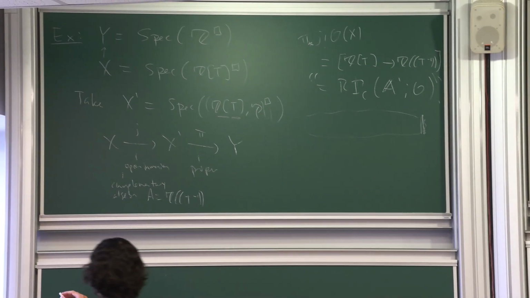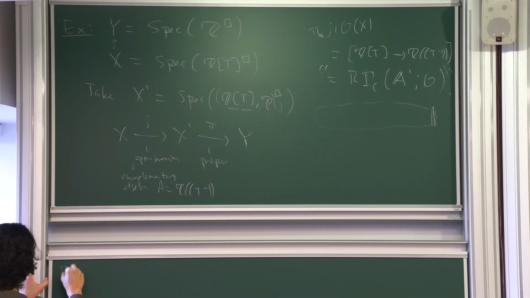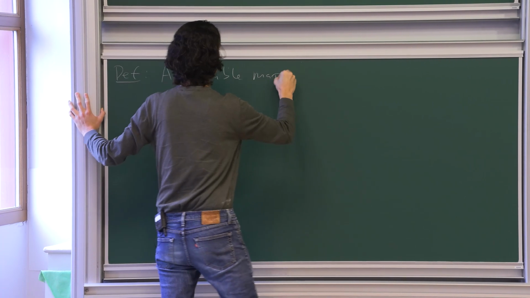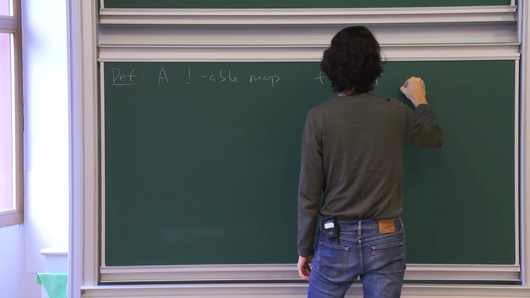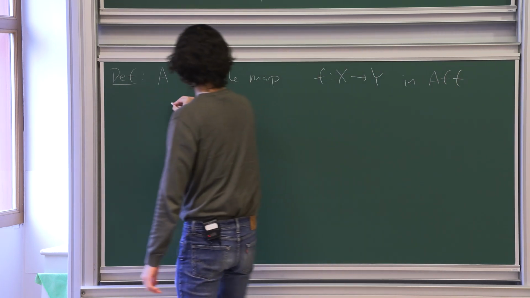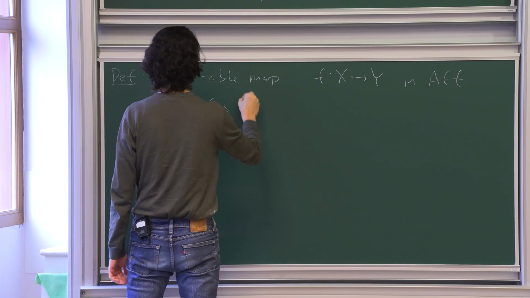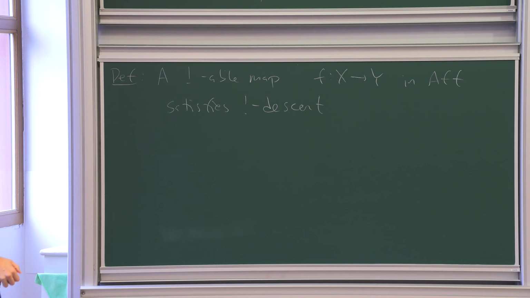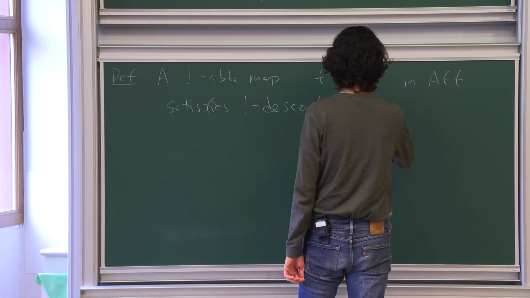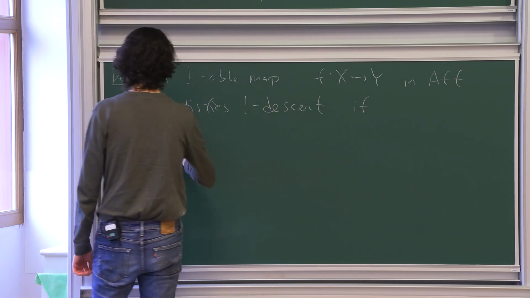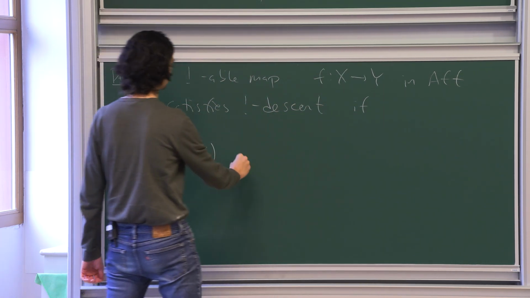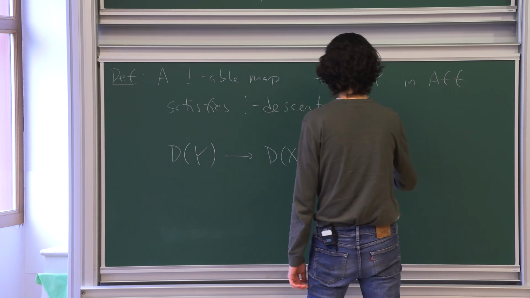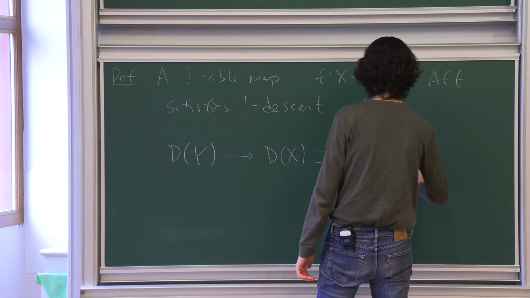And then there was the definition. A shriekable map satisfies shriek descent if you can take D of Y, D of X, and then D of X cross_Y X, and then you continue like this.